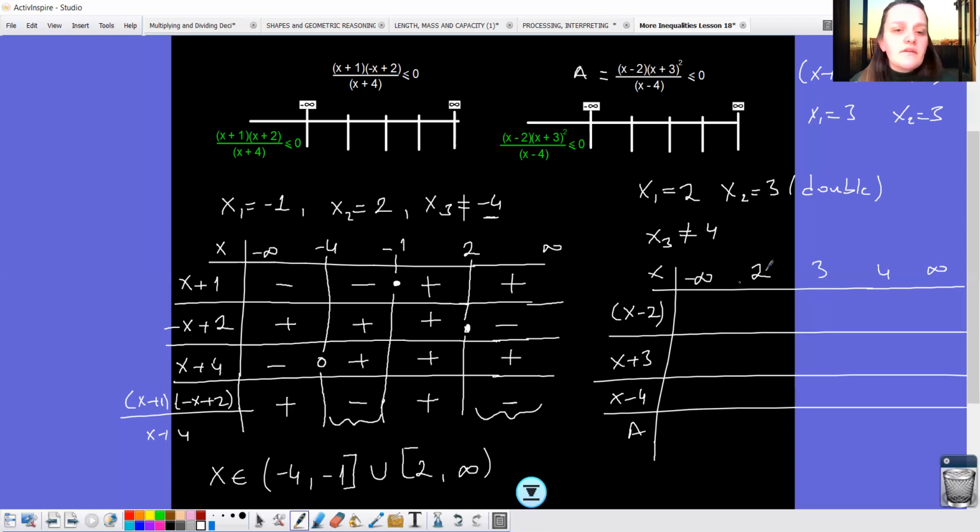So 2 is the root of the first expression. I will do the dot here, but will it be filled or empty, Eva? It's filled. And for the 3, because it is a double root, we will draw these double lines, okay?